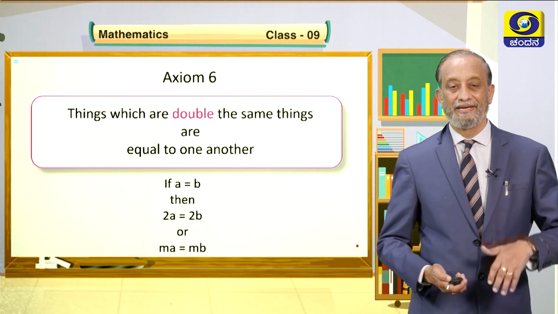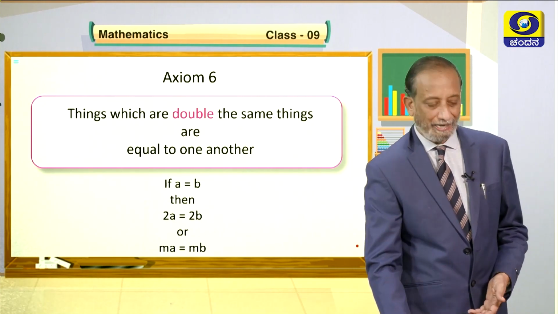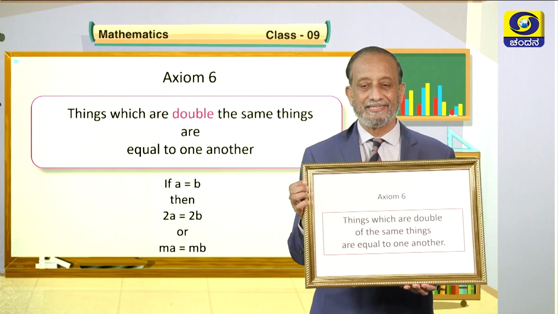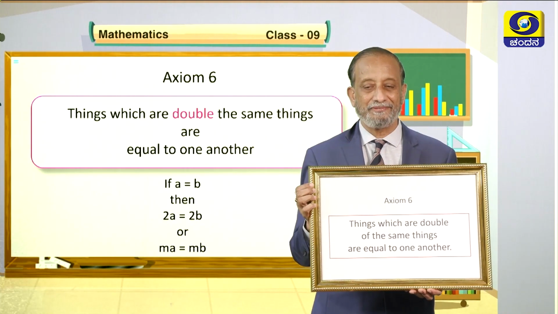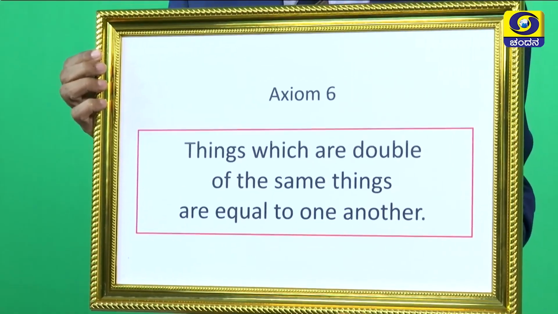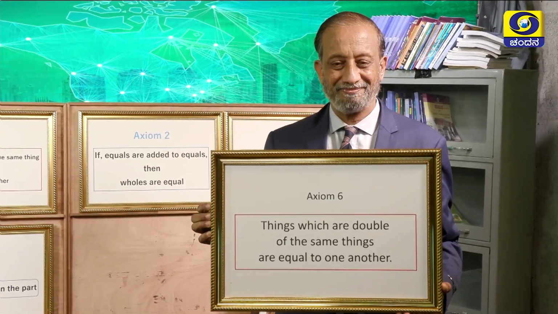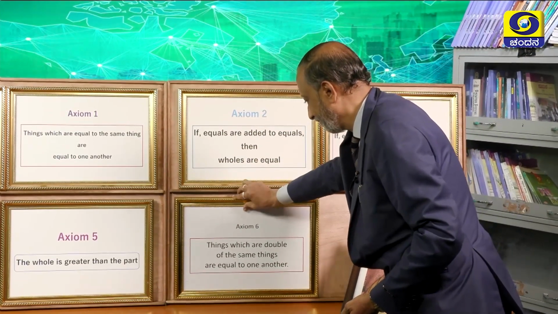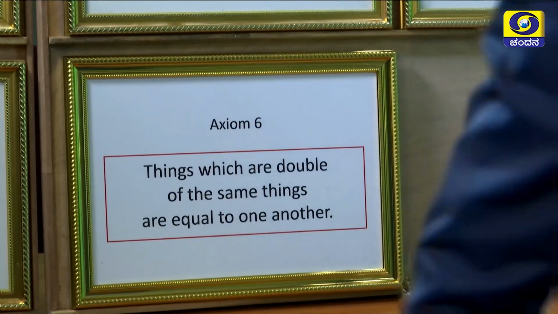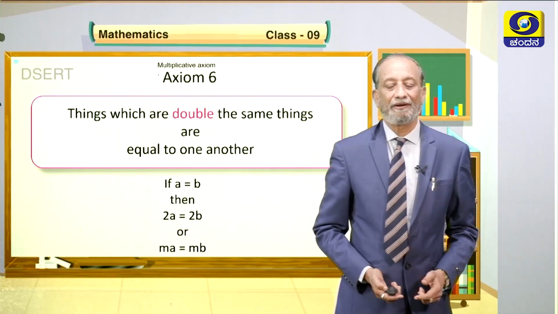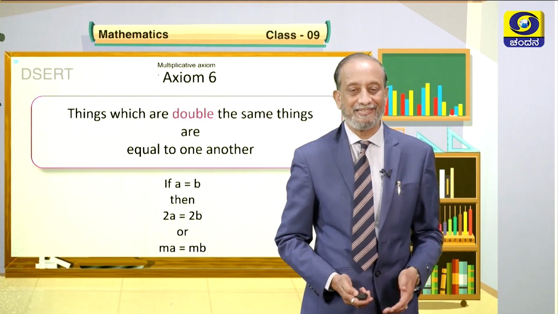Or we can say m times A is equal to m times B. Therefore, axiom number 6 can be stated as things which are double of the same things are equal to one another.